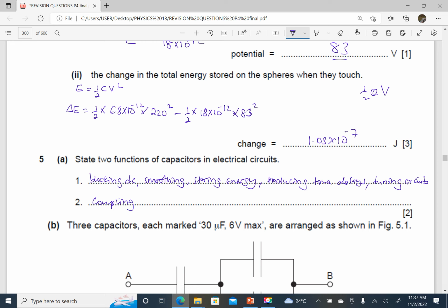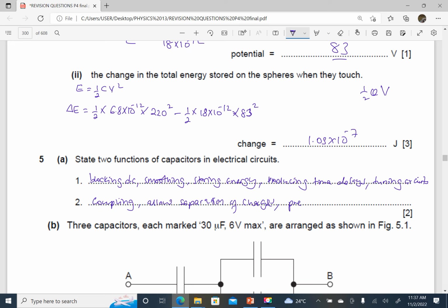Coupling means joining one circuit to another or linking one circuit to another. Capacitors can be used to join circuits. Capacitors also allow separation of charges.